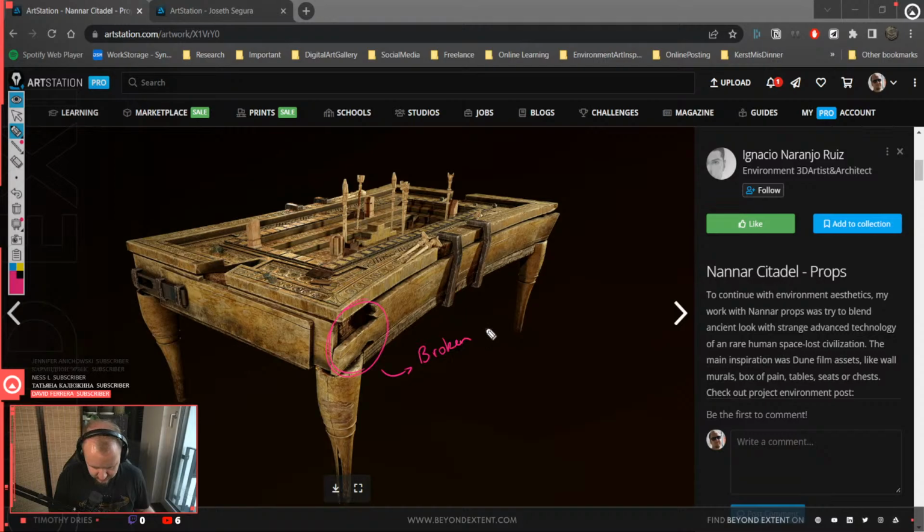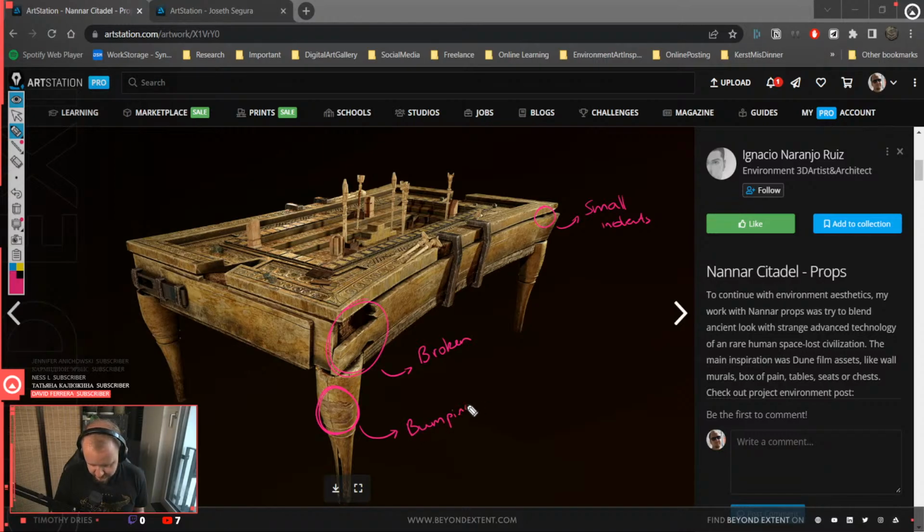broken plank. You have some small indents as well. Small indents, like someone's rubbing against these table legs, like they're bumping into it, and that's causing this peeling of the material.